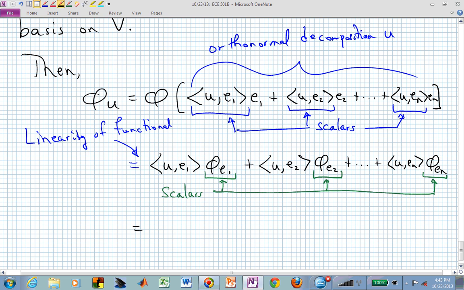I now want to pull that scalar inside and put it in the second slot, and now that's going to be that scalar's complex conjugate. What am I saying? This is now U with phi of E1 conjugate times E1. Is that okay? That notation? I'm going to run out of space, so I'm going to skip the E2 one. And I now have U with phi of E sub n, again a scalar, and I can find its complex conjugate, times E sub n.